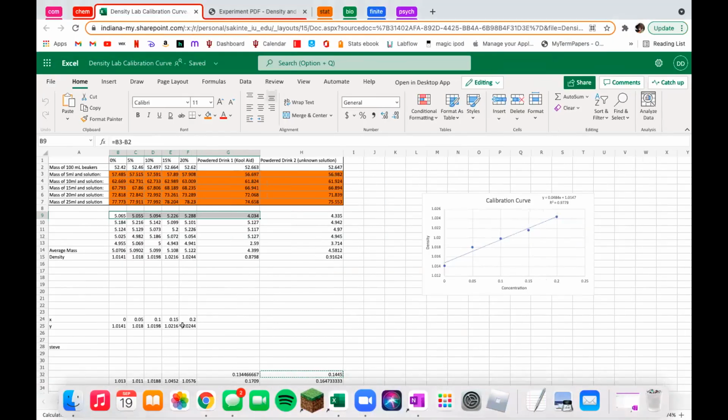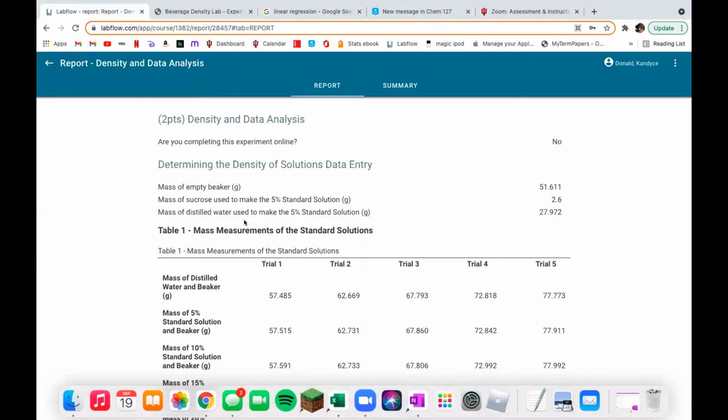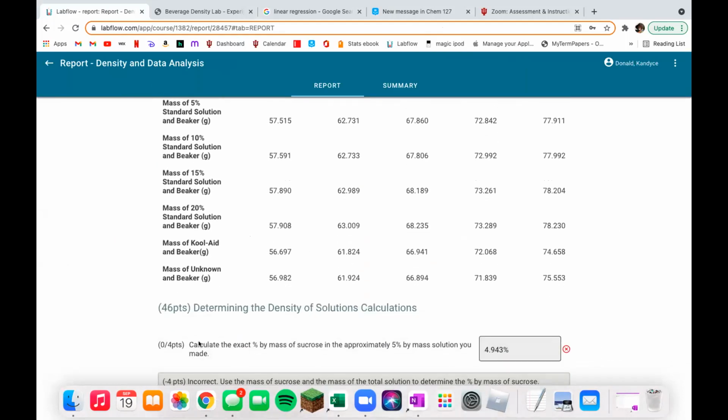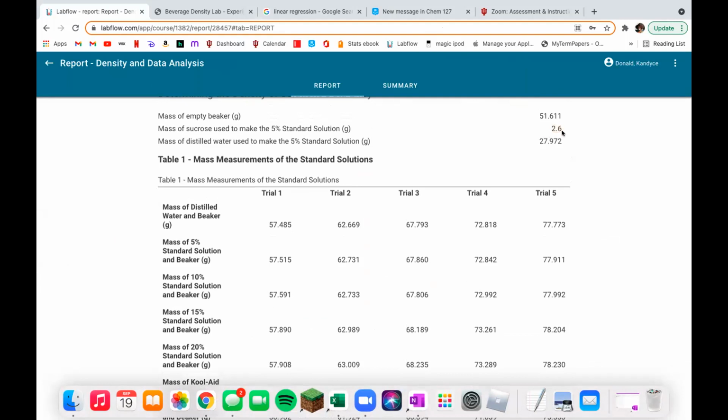So this is what we have, and because I wasn't sure what measurements to use for this, I just did the 50. Well, you did what? I just took the 50 grams over this 2.6. I didn't know what else. So what you're telling me is that neither you nor your partner recorded how much water you used for the solution? No, we used 30 milliliters for the solution. You're supposed to use 50.